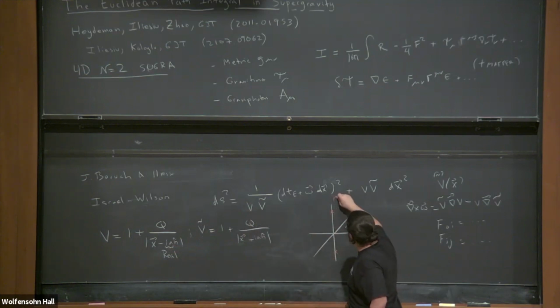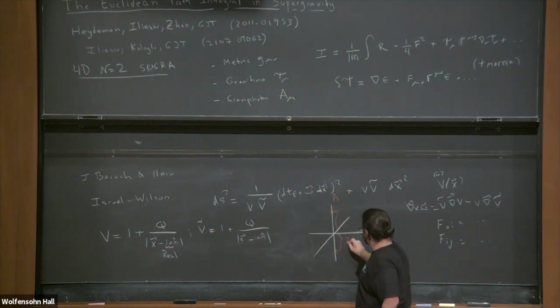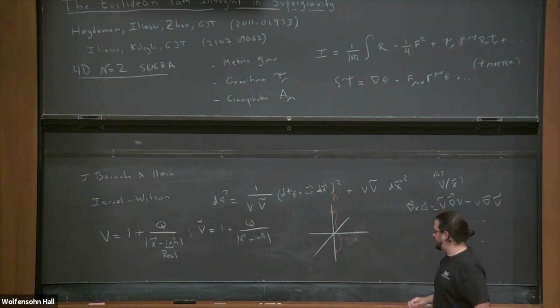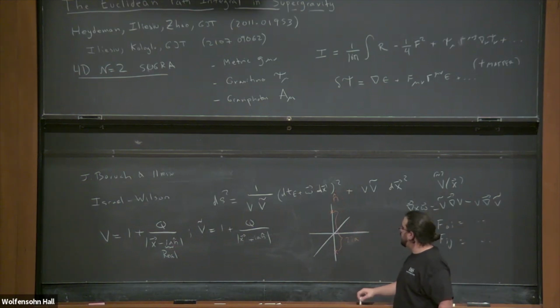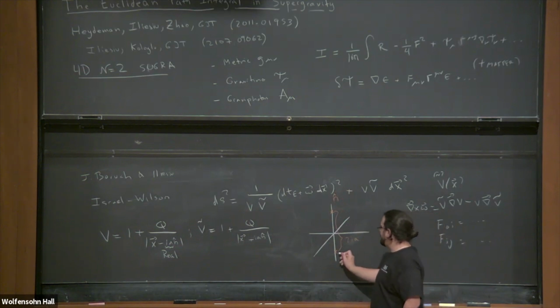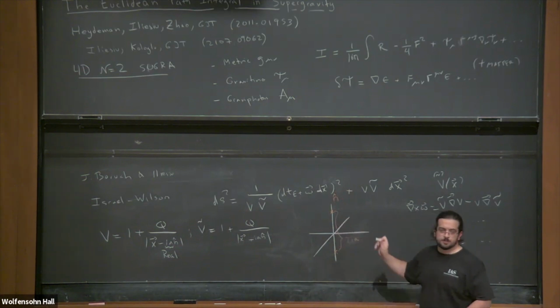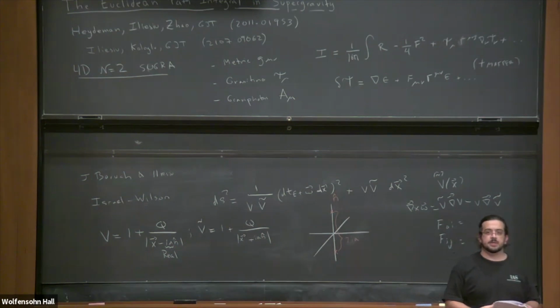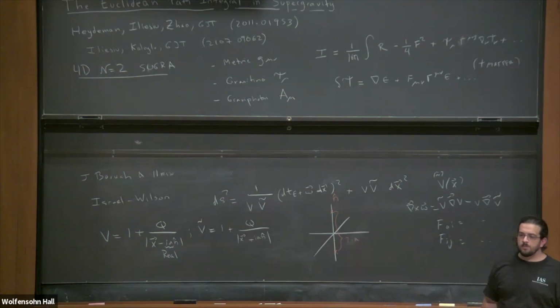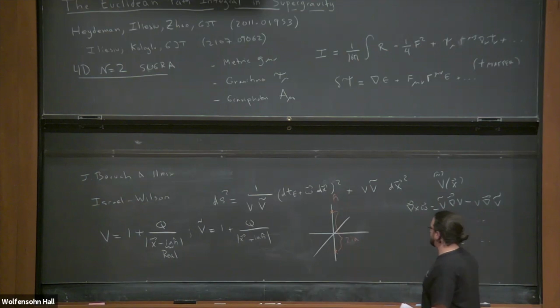So let's call this direction n hat. Then this is 2IA, which is real because I want the Euclidean metric to be real. Then the separation and the orientation of these 2 points determines the angular momentum of Kerr-Newman.